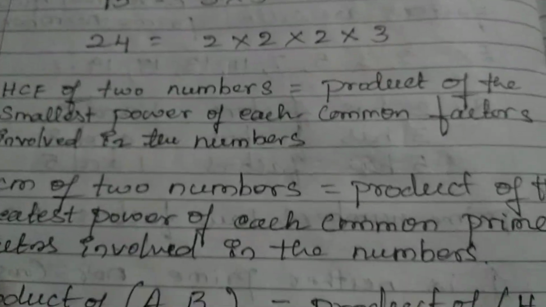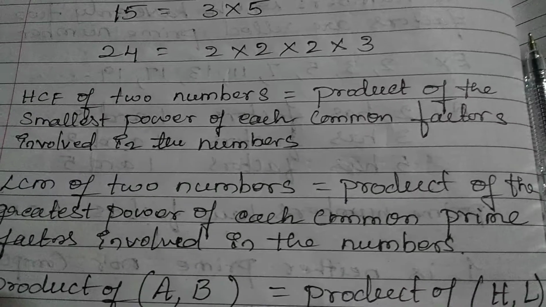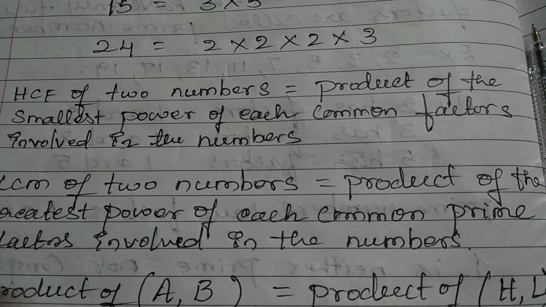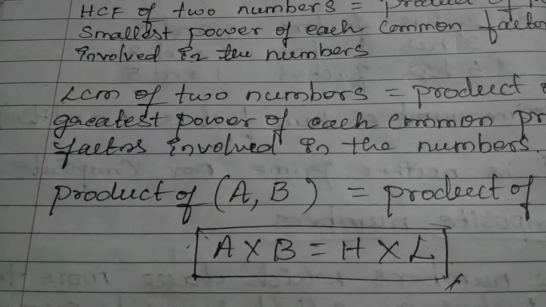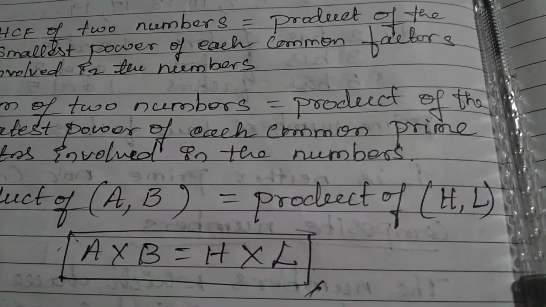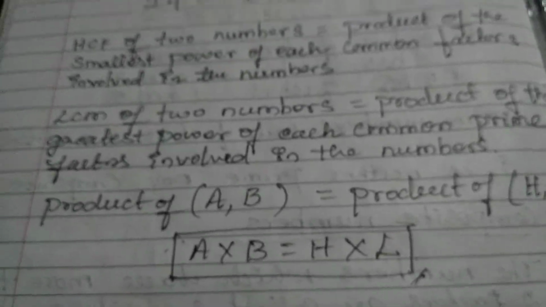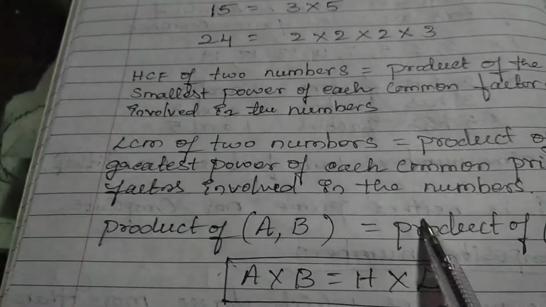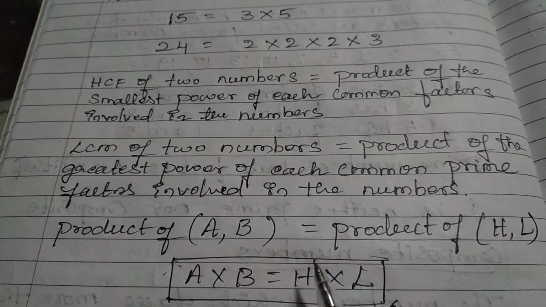We will understand this by doing a problem. The LCM of two numbers is the product of the greatest power of each prime factor involved in the numbers. Also, for two numbers A and B, the product A into B is equal to H into L, that is HCF into LCM. See, A into B is equal to H into L. So we should remember this relationship. It will be useful to do problems.